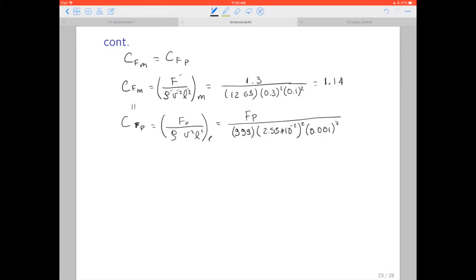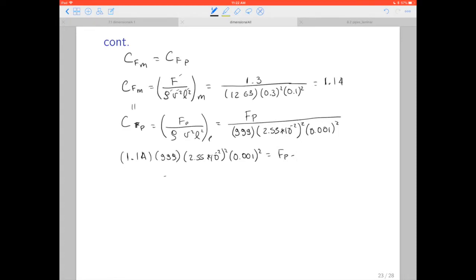Okay, so from here we can solve for the force in the prototype by equating these two. So this is 1.14 multiplied by 999 multiplied by 2.55 × 10^-2 squared, and multiplied by 0.001 squared.